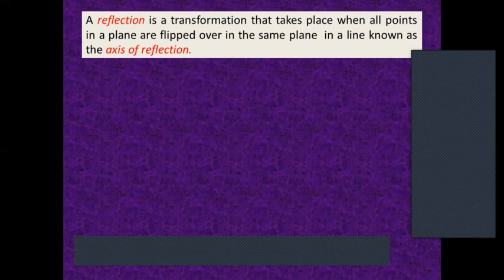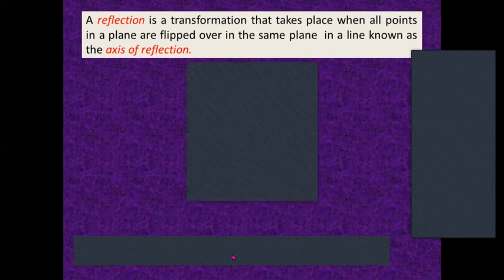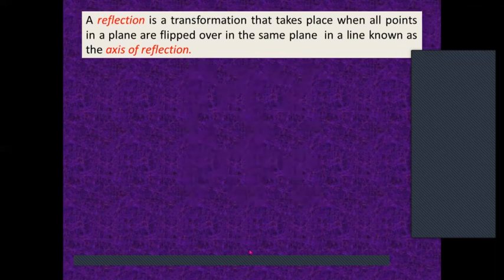A reflection is a transformation that takes place when all points in a plane are flipped over in the same plane in a line known as the axis of reflection.